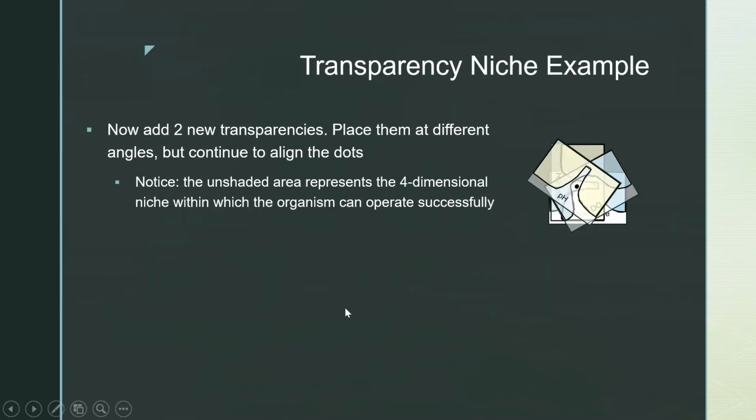Now if you have another transparency or two, or Ziploc bag or two, you can do the same thing. Add at least a third transparency and draw one more curve. Again, make it a different shape, a different size, but put a dot on it that represents where that particular environmental condition is.